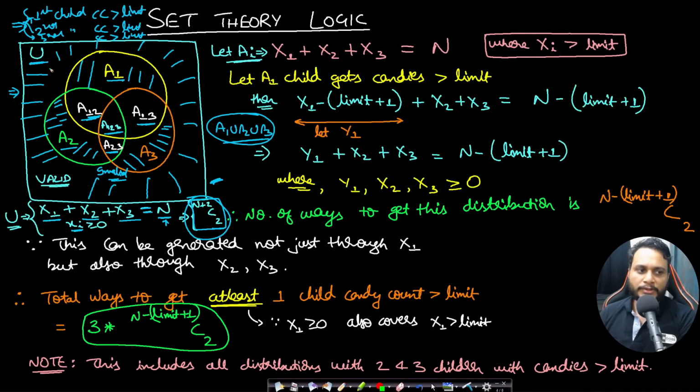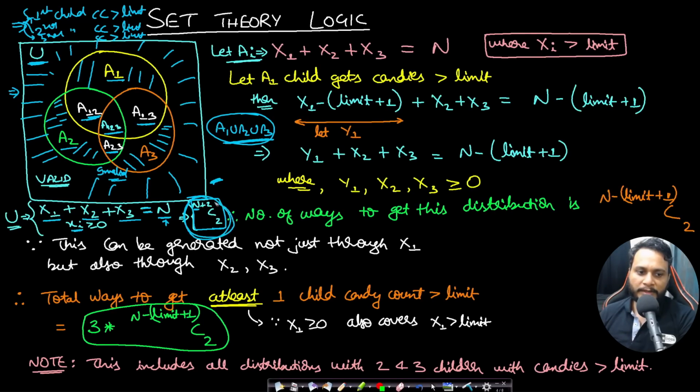This outside portion, outside of all the 3 circles, represents all the valid combinations where you can distribute n candies to all the 3 children so that none of them gets a candy count greater than limit. Okay, so that is my goal. My goal is to get the universal set minus A1 union A2 union A3. So I know the universal set because I know the n value.